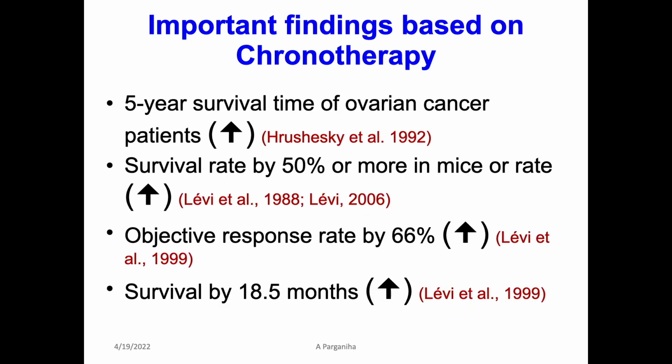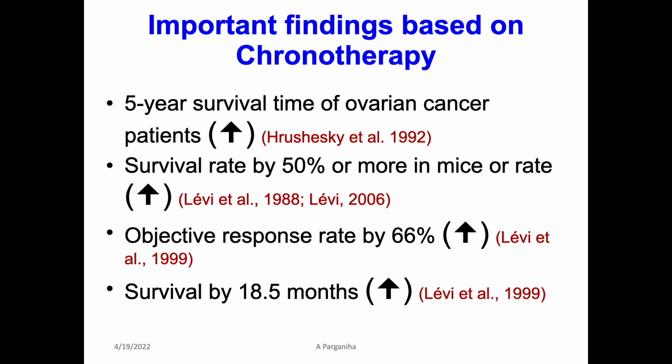On the basis of the number of researches on chronotherapy, these are some of the outcomes. Ravishankar et al. concluded that the 5-year survival time of ovarian cancer patients can be increased if they are treated with chronotherapy.